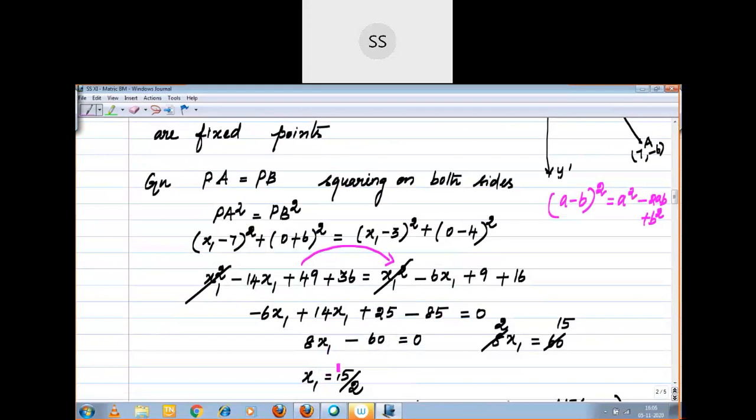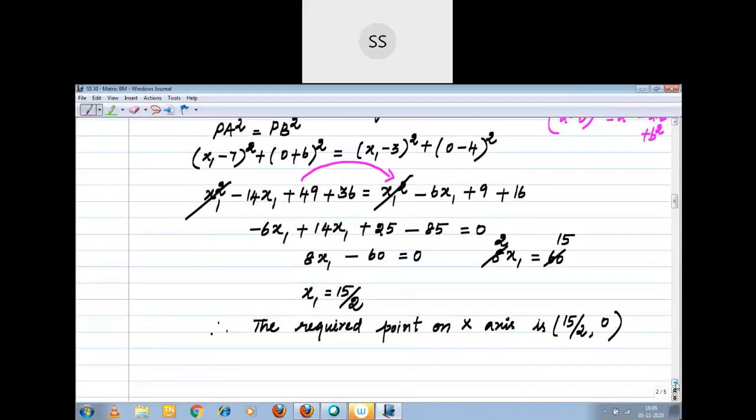So you get x1 square minus 14x1 plus 49 plus 36 equal to x1 square minus 6x1 plus 9 plus 16. Then in between equal, the coefficient of x1 square and the sign are the same, so you can cancel it.